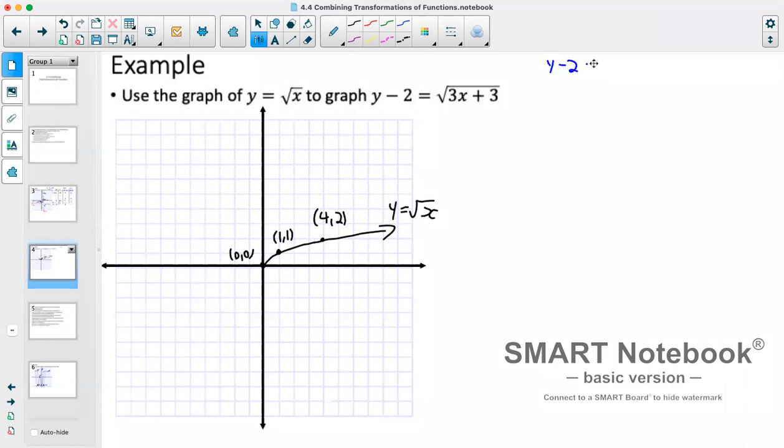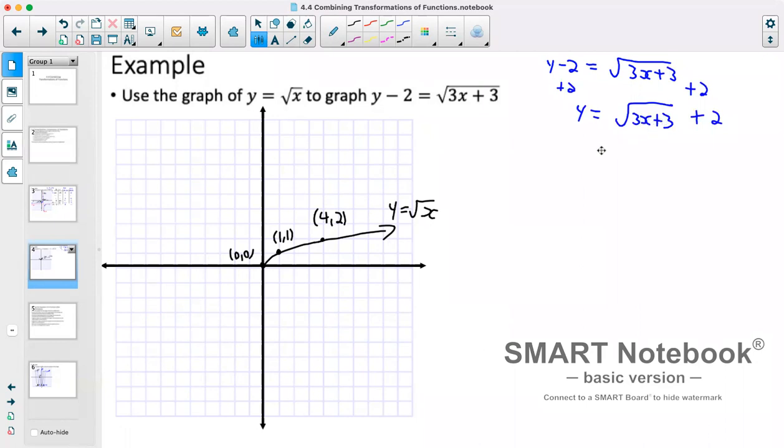So we've got y minus 2 equals root of 3x plus 3. I'd move the 2 to the other side by adding 2 to both sides. Now that's outside of our root, so we've got y is equal to root of 3x plus 3, plus 2.